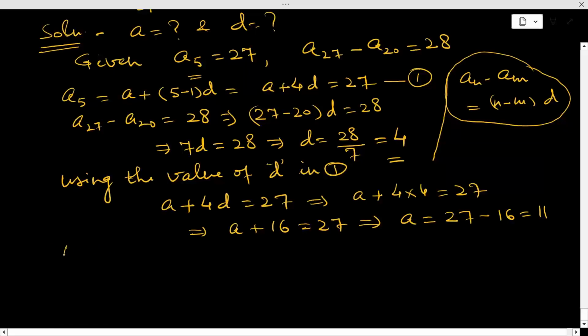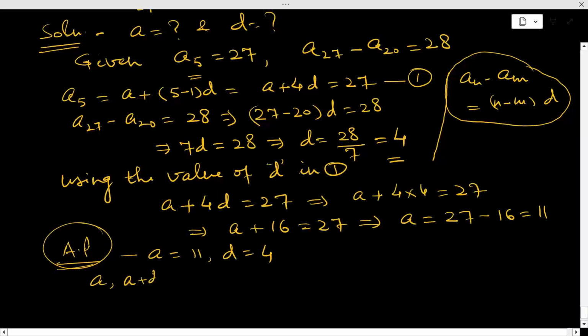So for the AP which we have to determine, we have the value of a as 11 and the value of d as 4. We can easily write some terms of this AP, because we know that an AP is a, a plus d, a plus 2d, and so on.